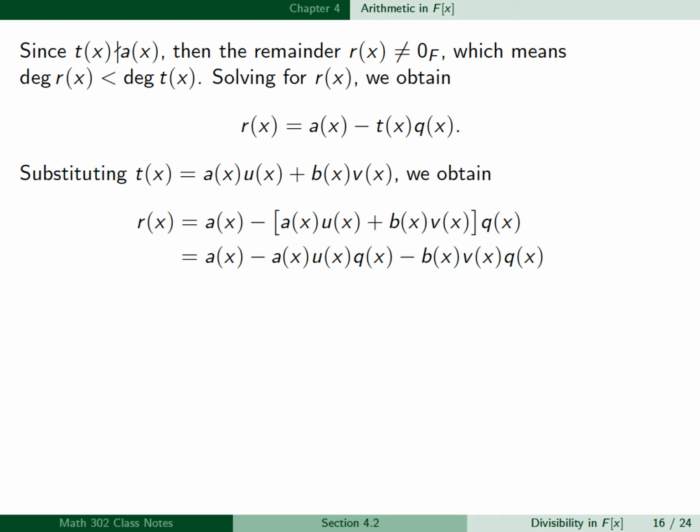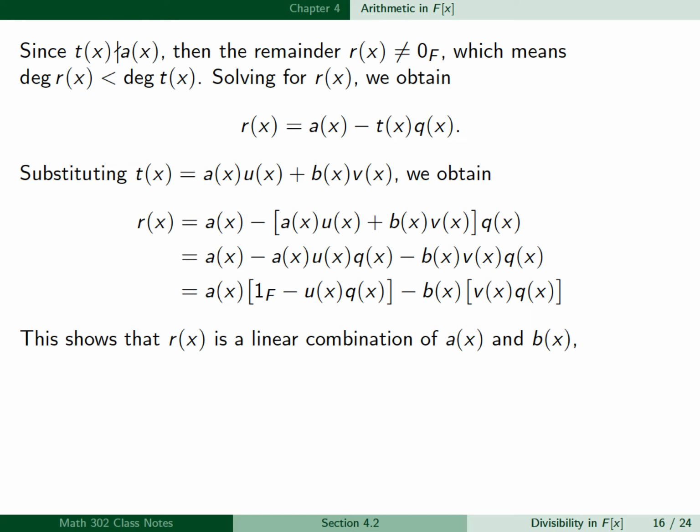And then distributing q of x over the two terms, we get a of x minus a of x u of x q of x minus b of x v of x q of x. Now the first two terms on the right have a common factor of a of x, and we can factor a of x out of those. So we'll have a of x times 1 minus u of x q of x, and then minus b of x times the quantity v of x q of x, grouping the v of x q of x together.